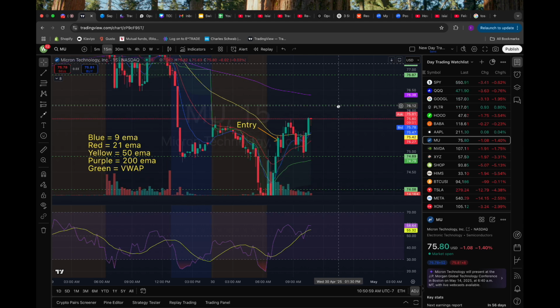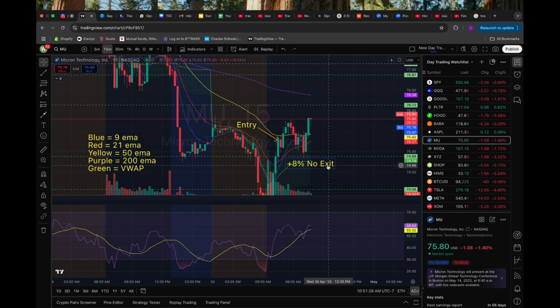So I took a very light entry right here because I was like, if I could capture this move and it could reject and come down, I could get 10, 15%, okay? So I took my entry right here, and then I was up about 8%, okay? So I'm going to put up 8% right here, but I did not take profit, okay?